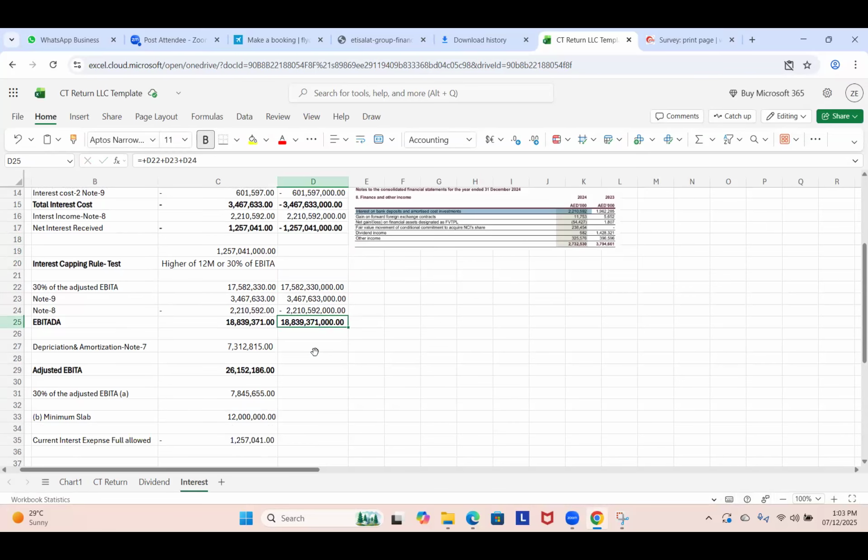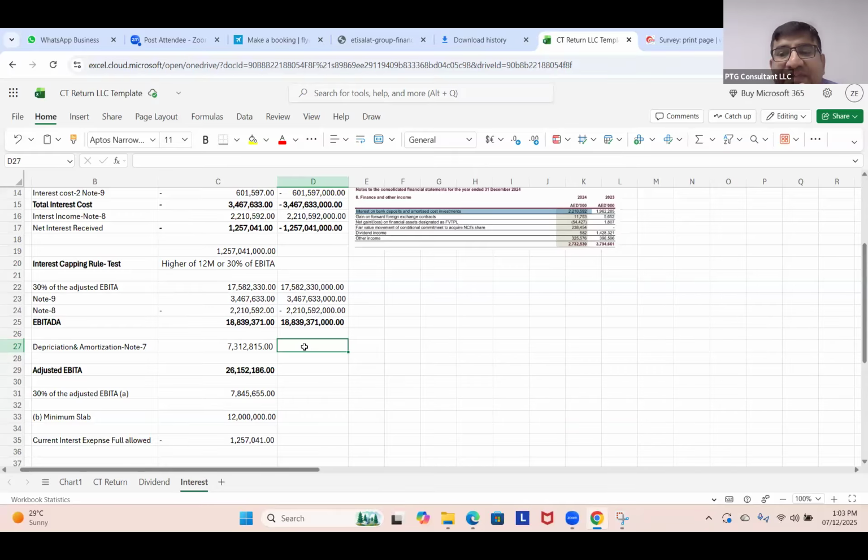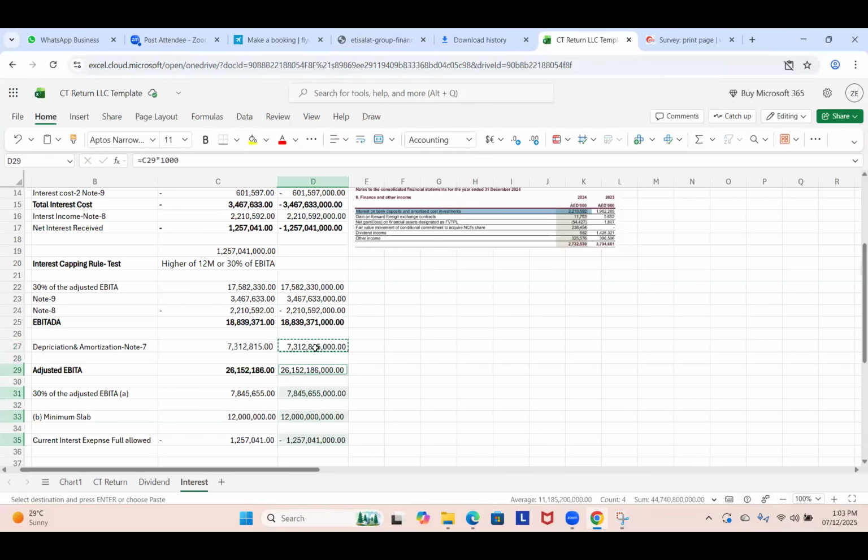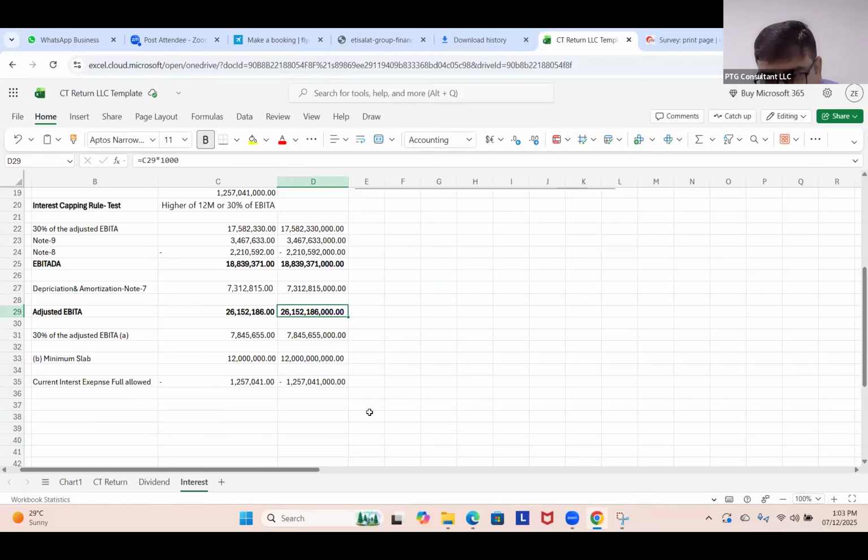So here again we have to do this. Here Hasnan has given the figures. The figure will be different still, because we have to do this depreciation also. Hasnan, you already updated the Excel sheet also?